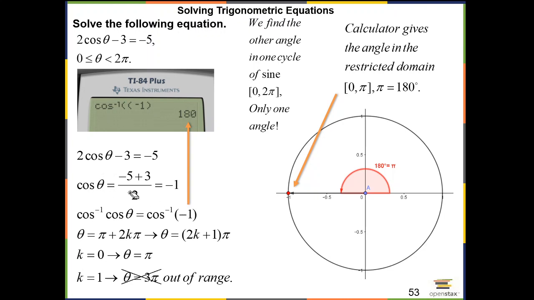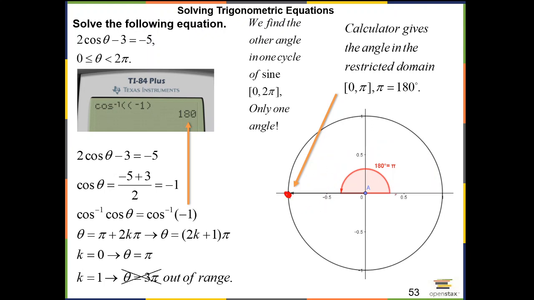Then we take inverse cosine of both sides. So theta is inverse cosine of negative 1. Now obviously the calculator is going to give you in this area what is an angle whose cosine is negative 1. There is only one angle, right?